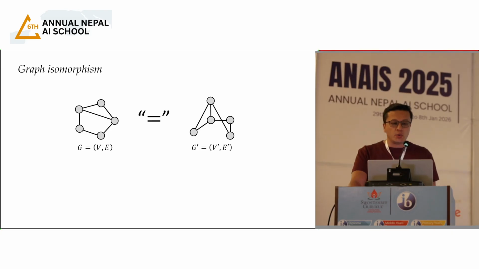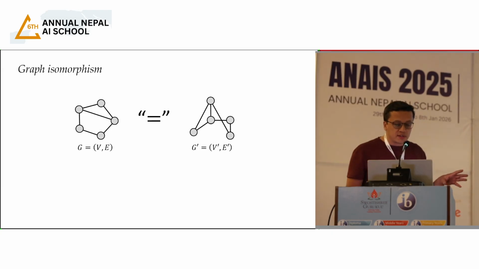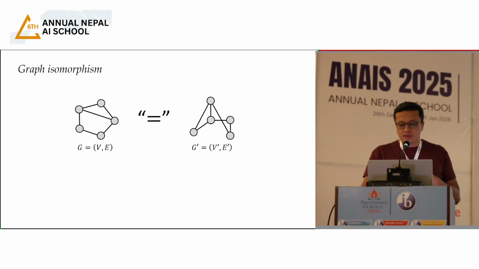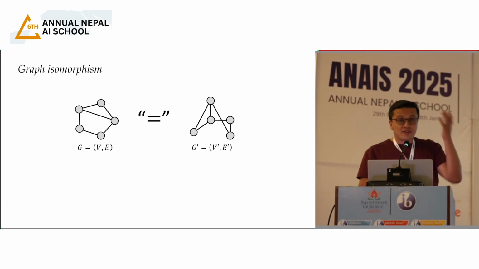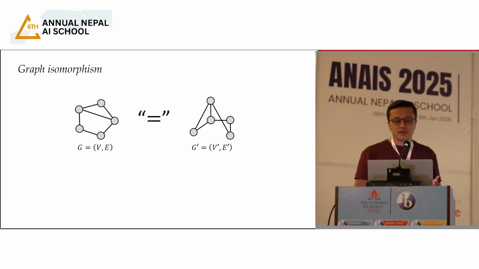So we need a notion of structural similarity here, and that is given by graph isomorphism. Imagine the graphs shown on the slide, on the left and right. These are isomorphic graphs. What does isomorphism mean? They are structurally identical. They are just drawn a little bit differently on the slides, but they are essentially isomorphic.